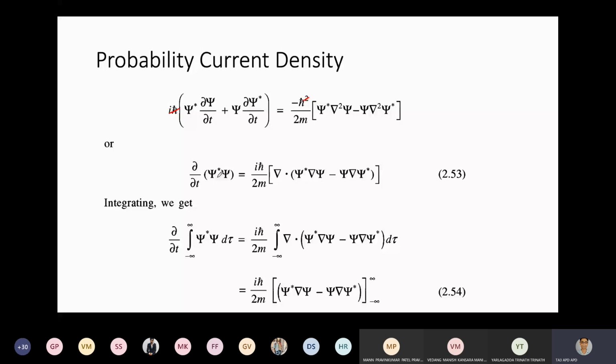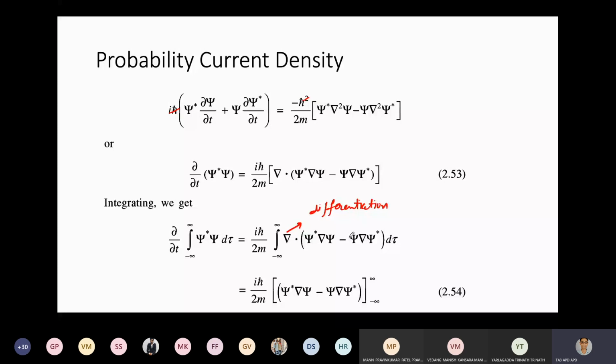We are taking an integration over all space in dτ volume element, and this is going to be equal to minus ħ upon 2m integral from minus infinity to infinity of this whole term dτ. Now on the right hand side, see, this is nothing but differentiation, and on the other side there is an integral, so you are taking the integration of a differentiation. That means it will give you the same quantity back, but with the limit from minus infinity to plus infinity.